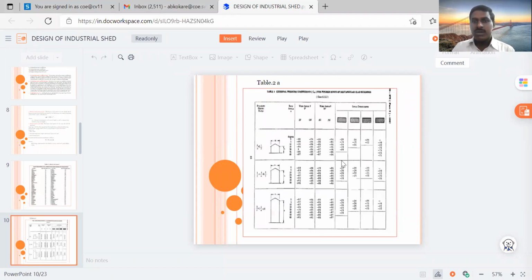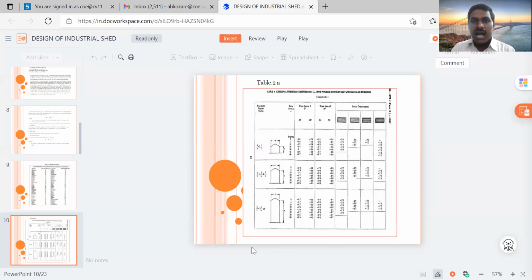Then here one of the tables is given. That table is Table 2A, given in IS 875 part 3. So what is this table? This is the external pressure coefficient, CPE, and that depends upon the height of the building and the width of the building. External wind coefficients are given in IS 875 part 3, page number 16.